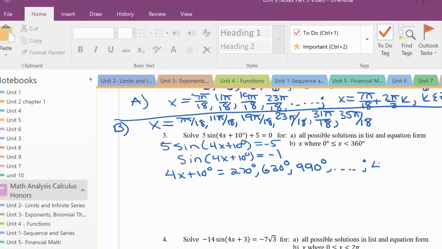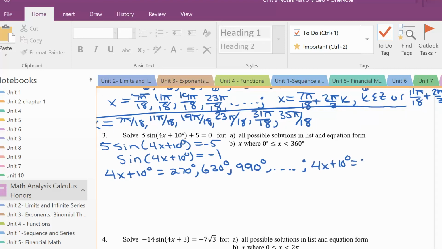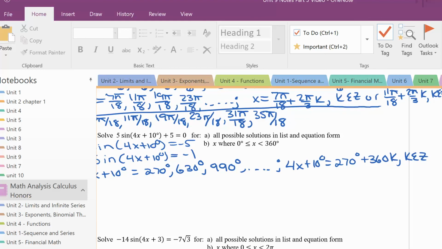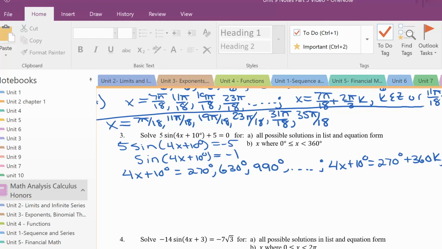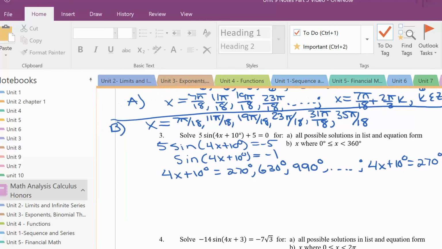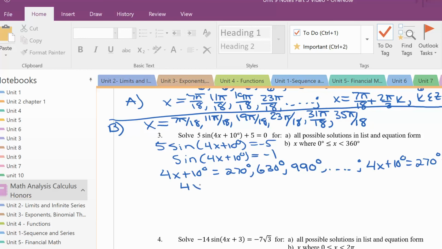So that means 4x plus 10 degrees is equal to 270 degrees plus 360k, where k is an integer. Now, if you subtract 10, so 4x is equal to 260 degrees. It's equal to 620 degrees. It's equal to 980 degrees.